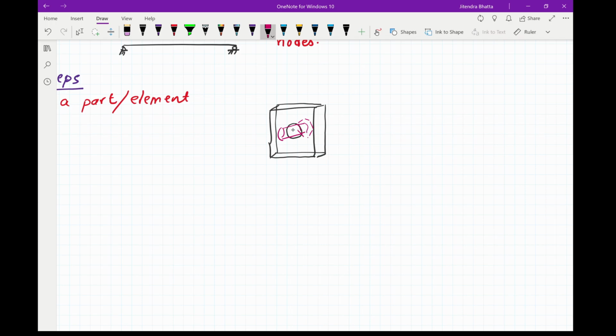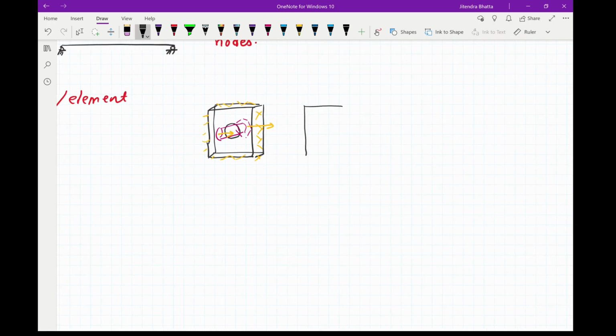Now what you are going to do is perform a shear test by fixing the plate and moving the bolt across this side. Now this will cause the plate to deform, maybe something like this.